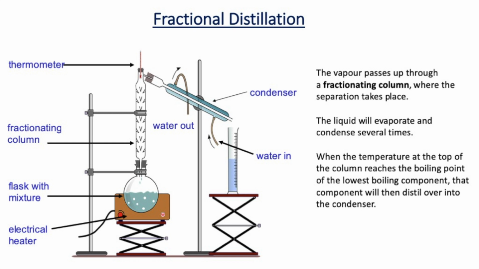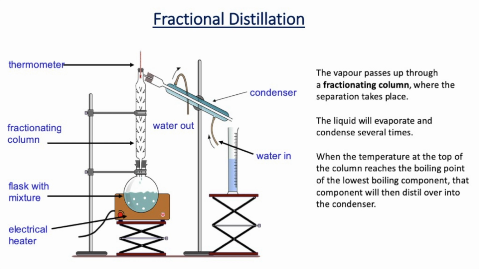And the component that has the lowest boiling point will turn to vapour first, and therefore it will rise up the column first, and it will get further up the column than the components that have higher boiling points, that take longer to turn to vapour, that require a higher temperature to turn to vapour.